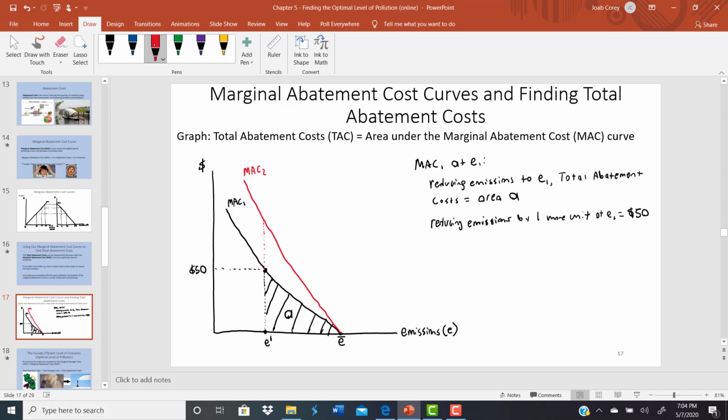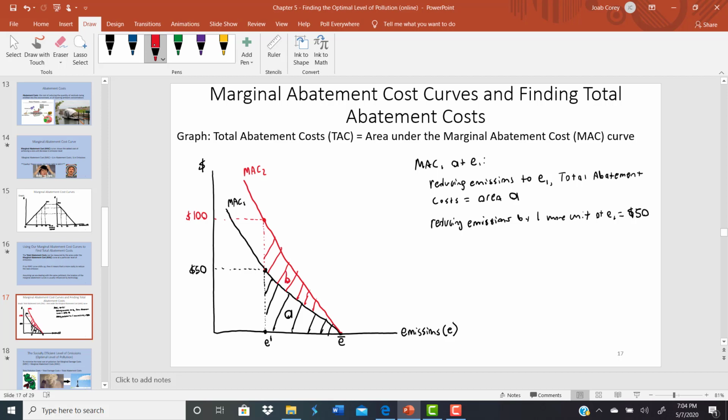When we've reduced emissions from E bar, the maximum number of emissions, down to E1, the cost of reducing another level of emission is going to be higher given that the marginal abatement cost curve has shifted up. There's also going to be some extra abatement costs, so our total abatement cost is going to be higher here as well, if we call this area B.